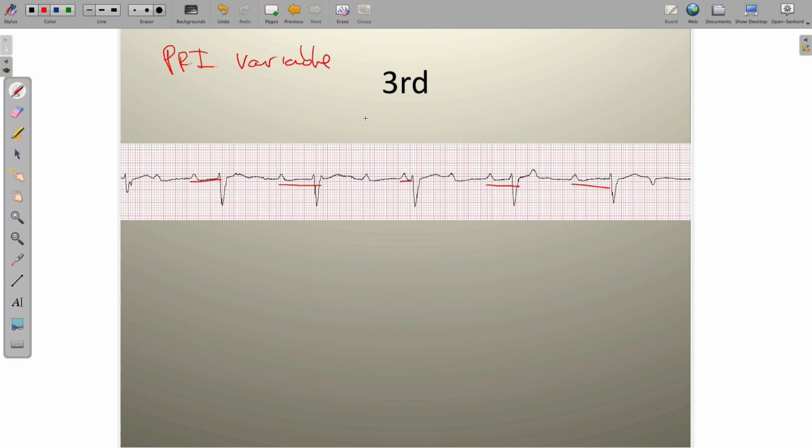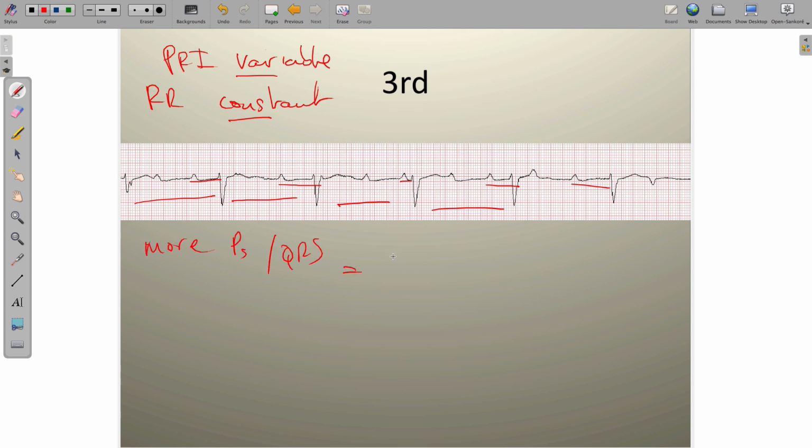PR is variable. Yet when we look at the R to R interval, these guys are all exactly the same. So the R to R is constant. So constant R to R interval with variable PR intervals and more P's than QRS complexes. This defines third degree or complete heart block.